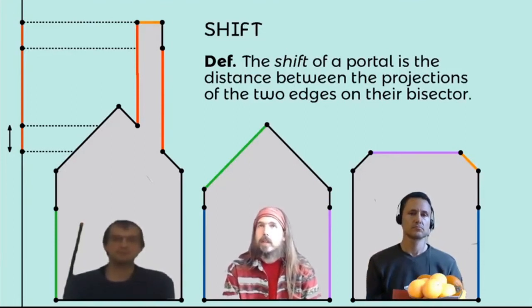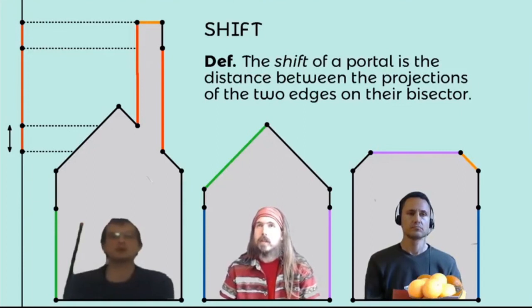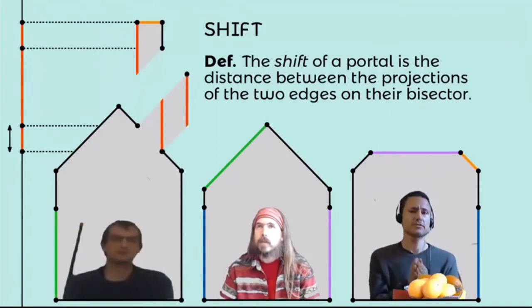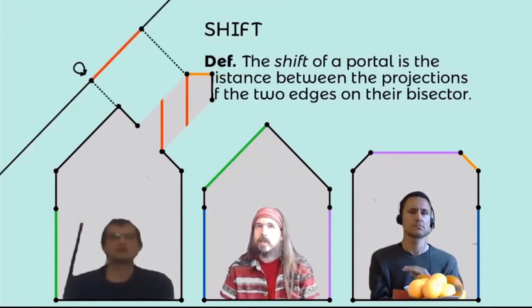Indeed. The shift models the distance along the portal that you teleport if you use it once. But when we reconstructed your chimney, Frank, the shift became 0, right? Yes, the transformation is aimed at reducing the shift of the portal. Okay, because having low shift is good then.